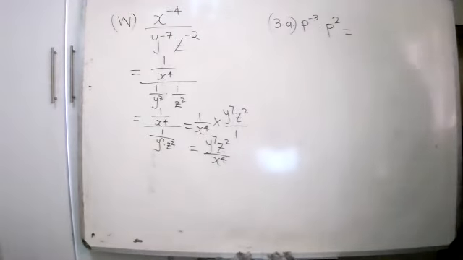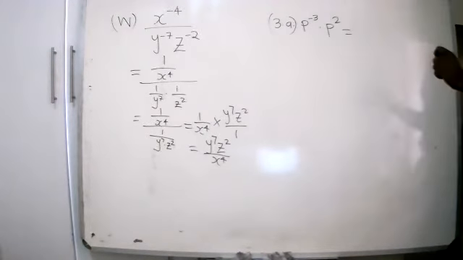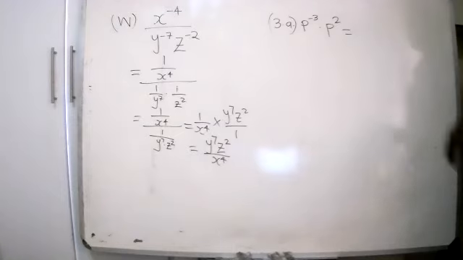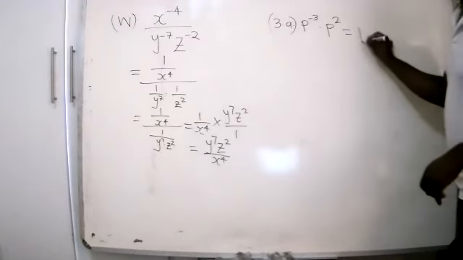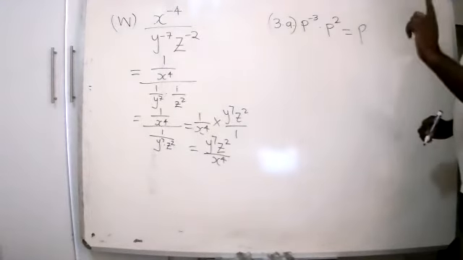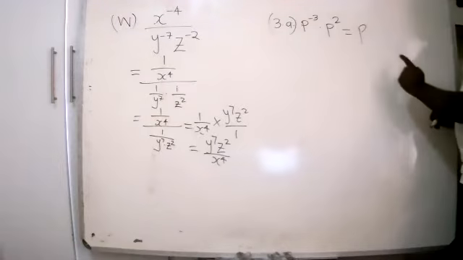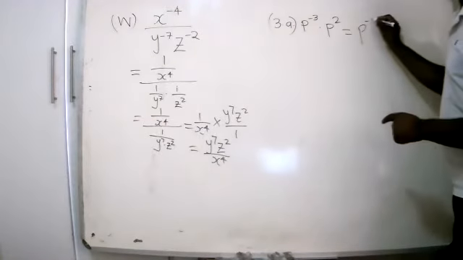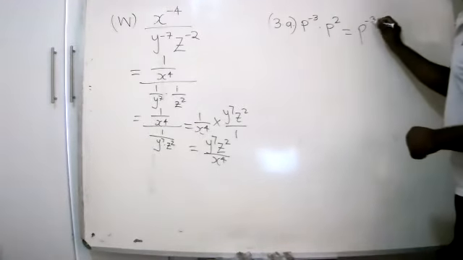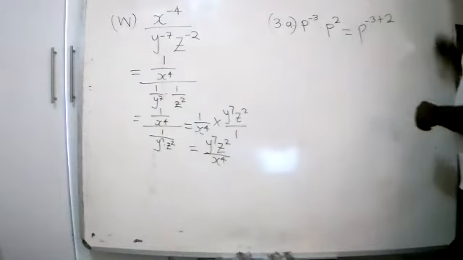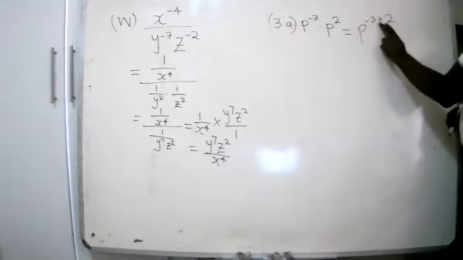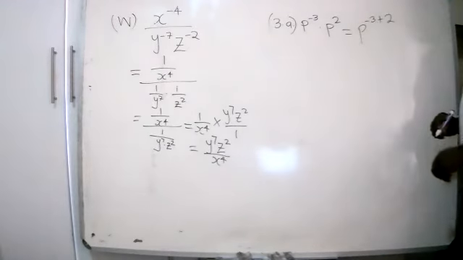P. Yes, definitely. So if the bases are the same, we can add the exponent. So we are going to have P, we just write one of them. So it's P to the power of addition of the exponent, 3 plus 2, because we have to add them according to the rule.